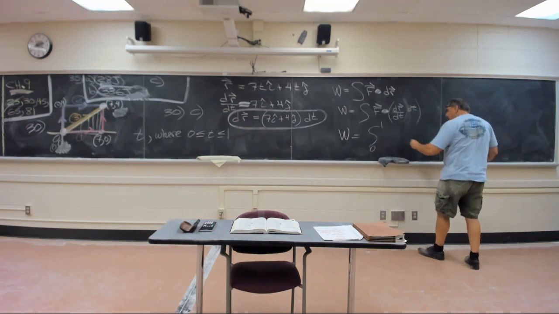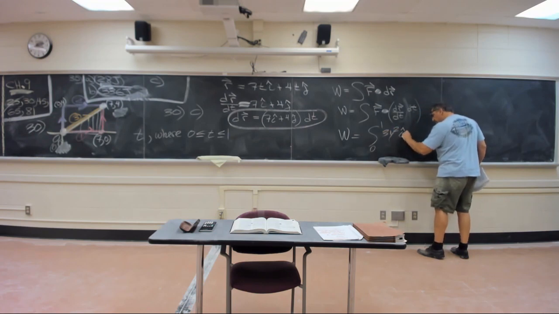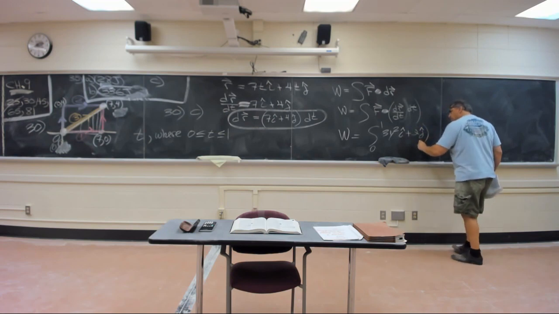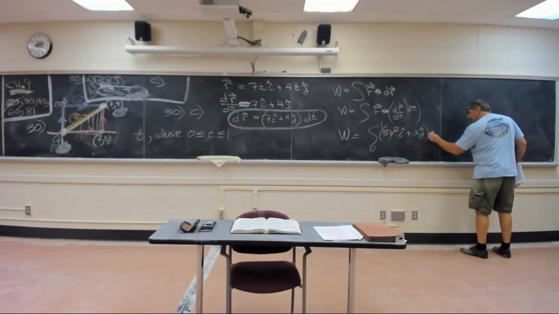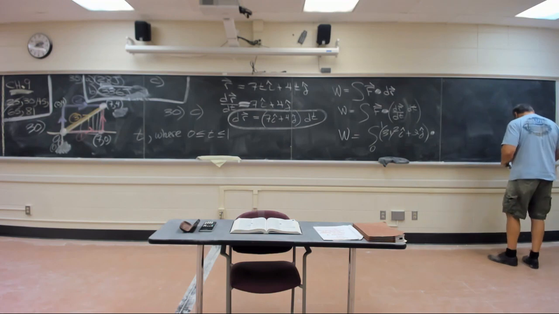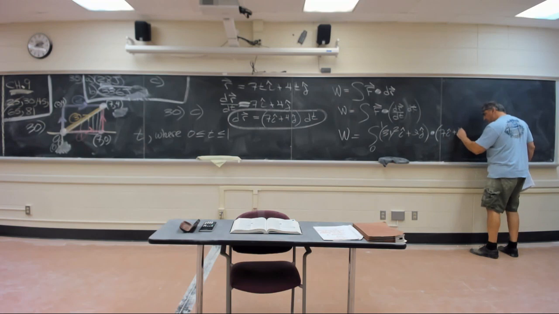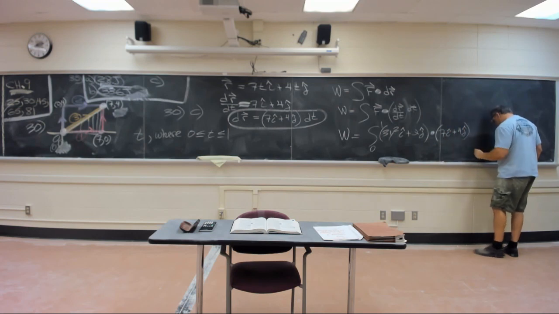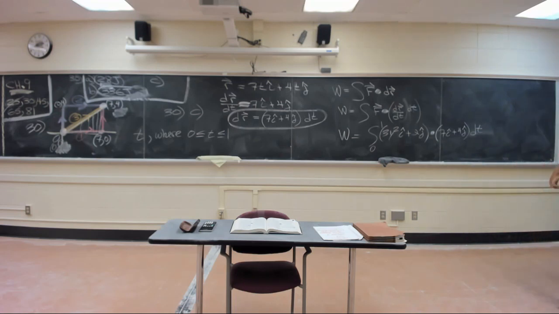F vector, they gave us this at the beginning of the problem, ladies and gentlemen, dot 7i plus 4j. So there it is.